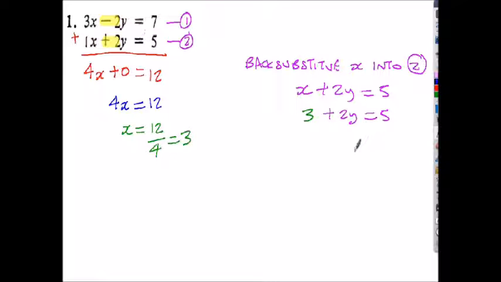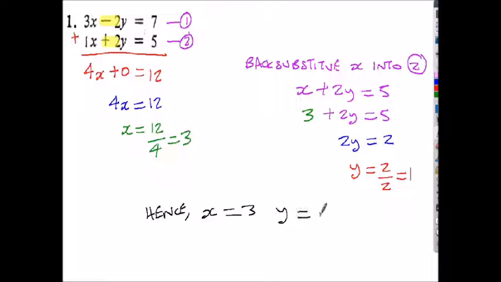Rearranging the equation, I'm going to subtract 3 from both sides, so 2y is equal to 2, and then dividing both sides by 2, I get y is equal to 1. So in this case, my x is equal to 3 and my y is equal to 1.